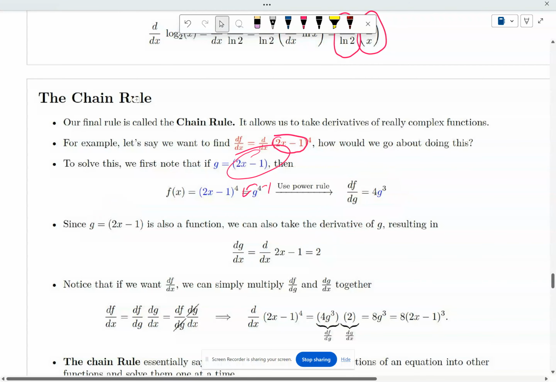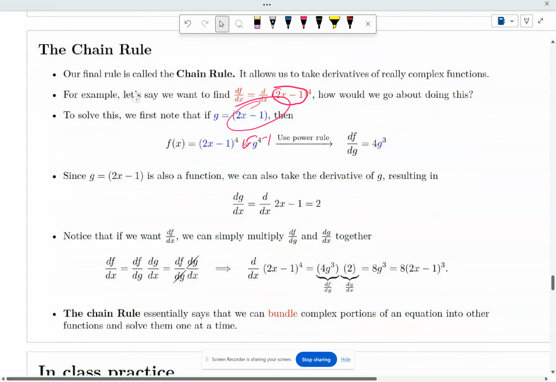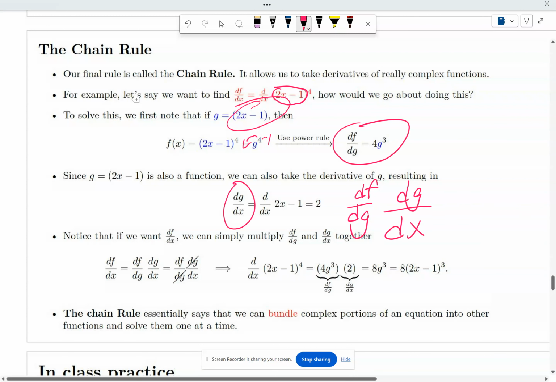Okay, so notice that we have df/dg from here, and we have dg/dx. So what happens when we multiply the results together? Well, if you have df/dg times dg/dx, notice dg cancels out, resulting in df/dx.